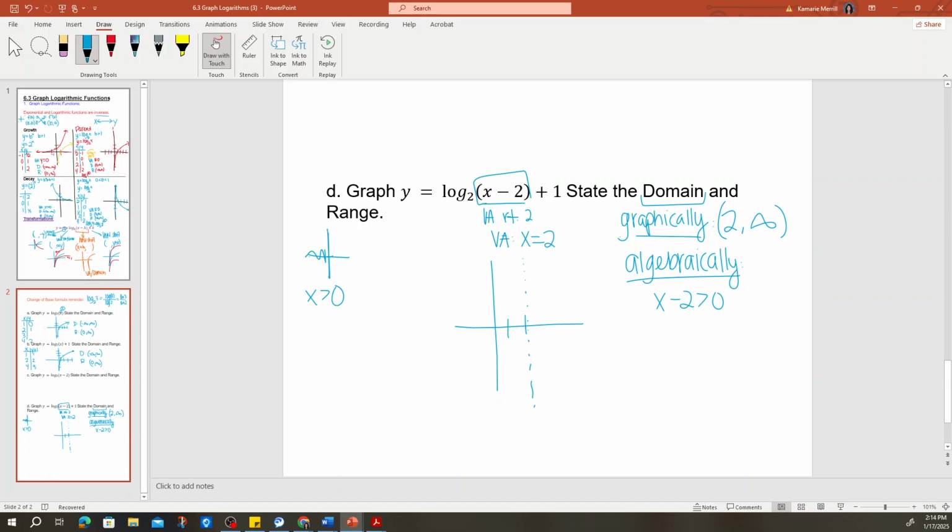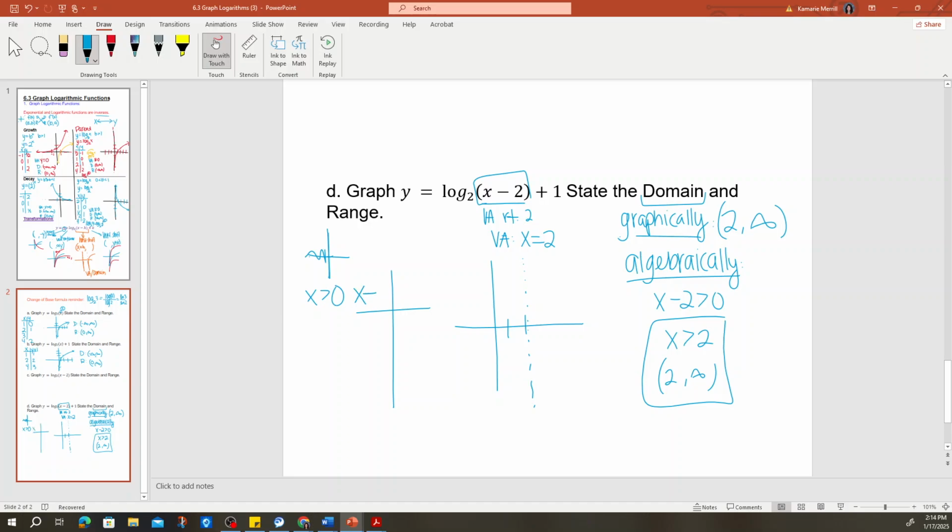And so when I add a 2 over, I can say x has to stay above 2. That is set notation, and then interval notation is 2 to infinity. So you guys can get domain multiple ways. You don't always have to visually get a graph. So on your bottom homework, like 10 through 13, feel free, just know, hey, I can do this algebraically. Okay? All right, let's hurry and do the mapping and then call it good.